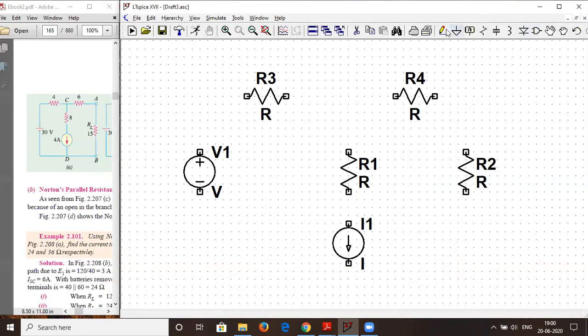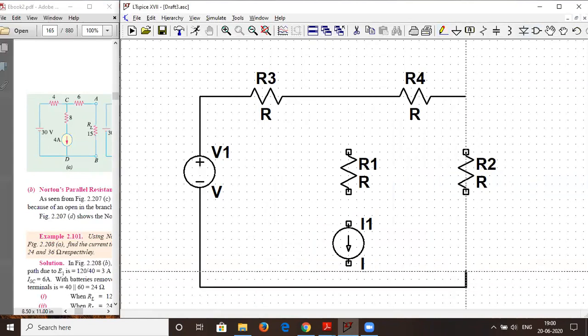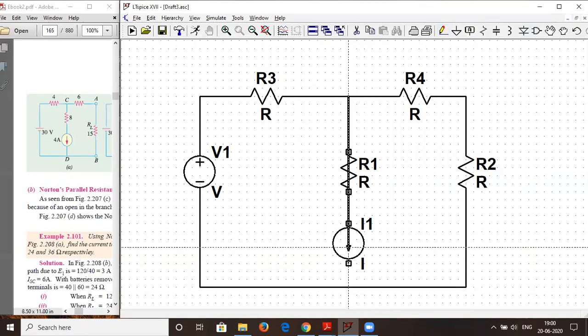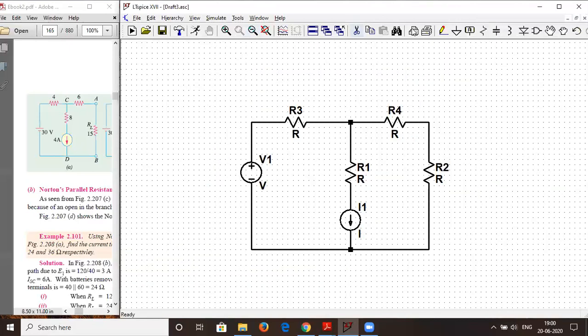Now we have to join them with wire, so we can quickly complete this. Okay, so these two components are also joined. Now the circuit is complete. We have to connect the ground, so we can connect the ground with a wire like this and place this ground over here.